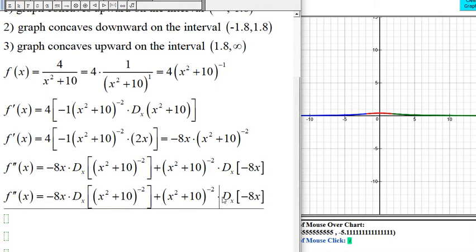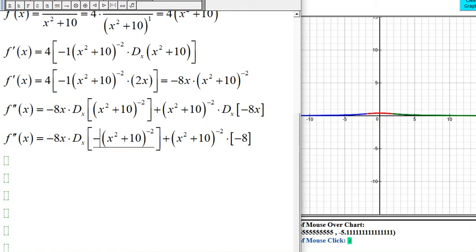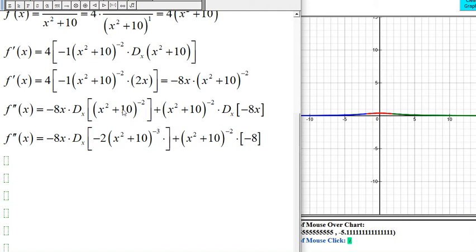This part is simple: the derivative of negative 8x is just negative 8. And then the derivative of this part right here is negative 2 in front of the base, x squared plus 10, and then subtract 1 from the exponent, and then multiply by the derivative of the base, which is 2x.